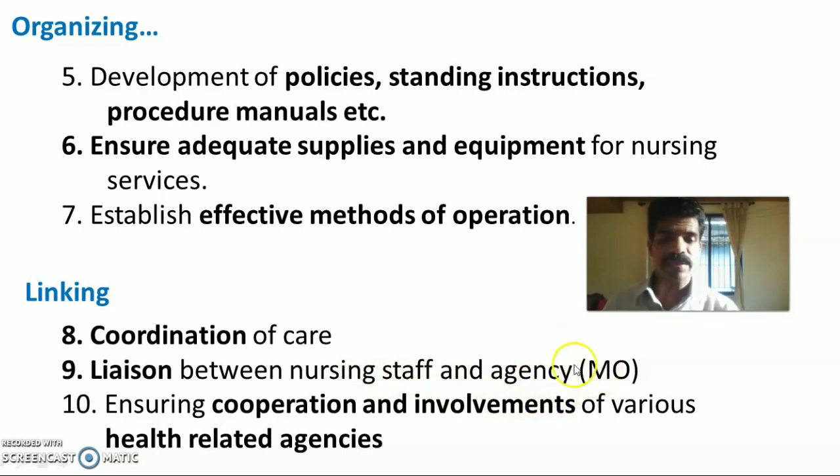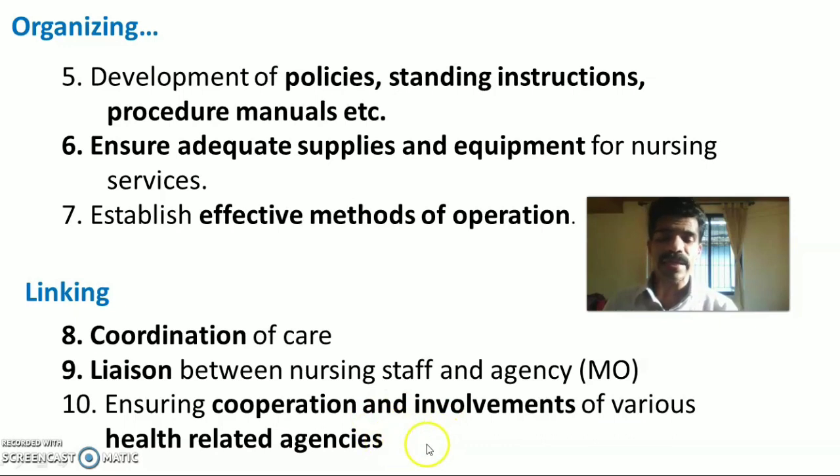health personnel. The next function is ensuring cooperation and involvement of various health related agencies in rendering community health services. So ensuring cooperation and coordination between the other health related agencies and involving those agencies to render comprehensive and integrated health services to the community.